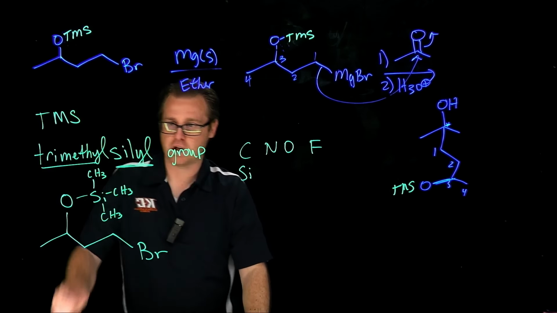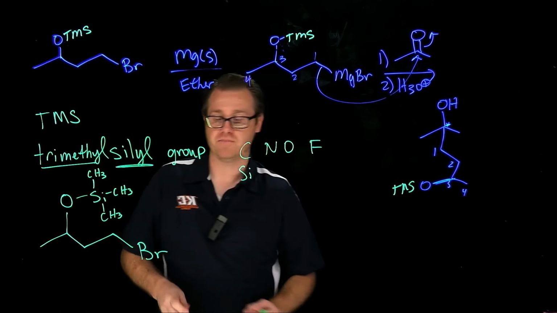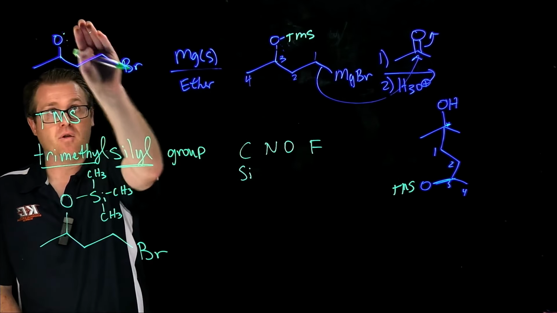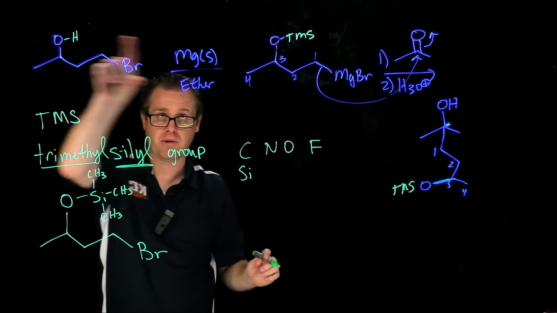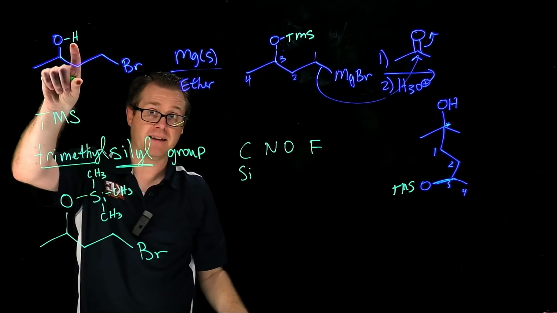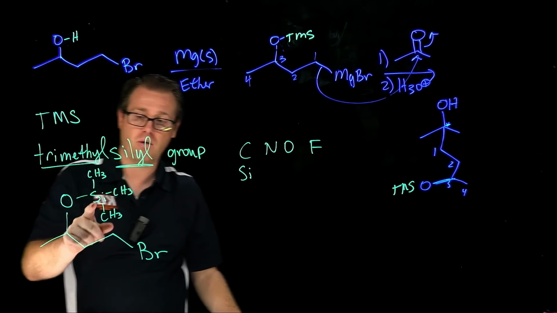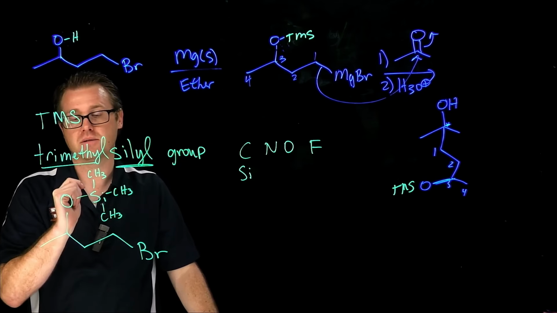Now, why is that a good protecting group when you're trying to form a Grignard reagent? Well, let's look at before and after. Why wouldn't this form the Grignard reagent? Because we have that acidic proton there. That makes it not work. But now, when you have the silyl group attached, there are no acidic protons.